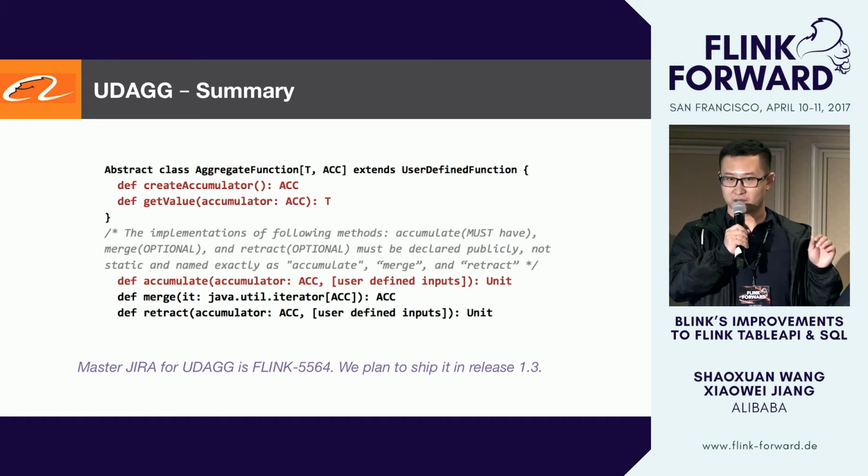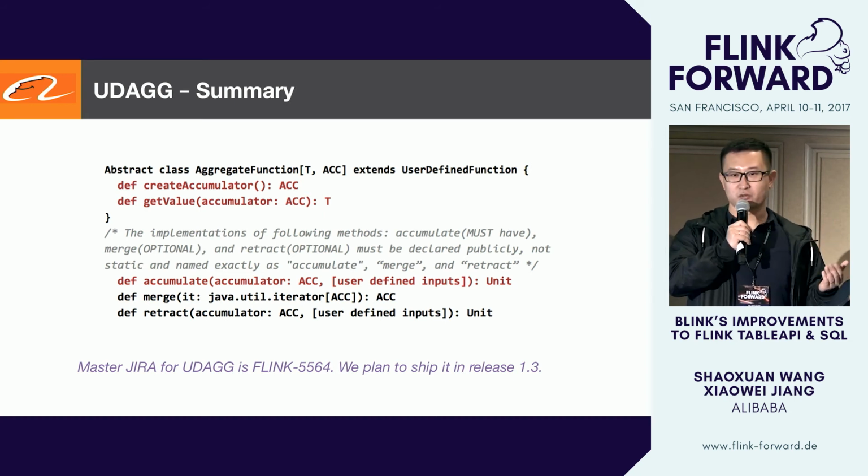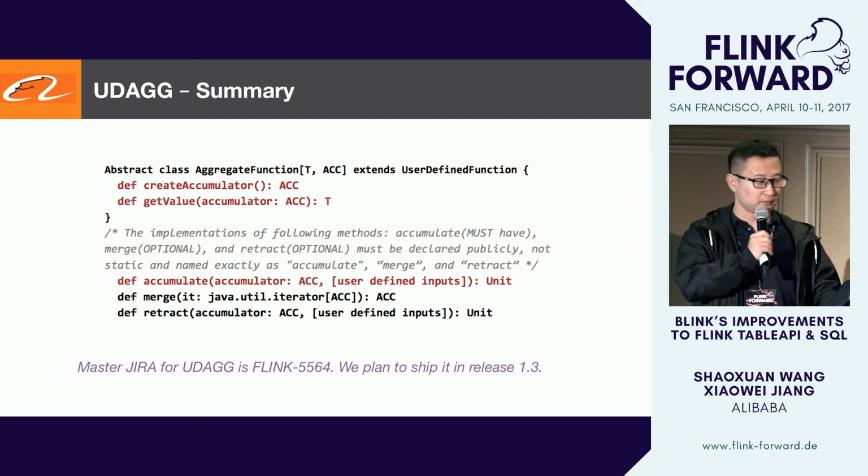And it checks the conditions to see if it is possible or beneficial to do 2-stage local-global aggregate. Similarly, it will check if the retract method exists. If it exists, it will do the thing correctly.